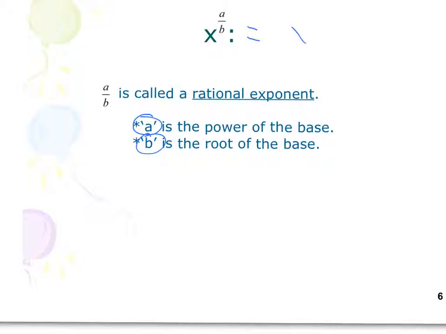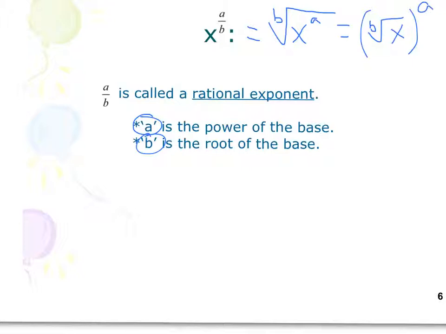We could just say take a, write it as an integer exponent, but then take the b root. Notice I'm not saying square root because that would imply that b is 2, but take the b root of that whole quantity, x to the a power. Or we could take the b root of x and then raise it all to the a power.